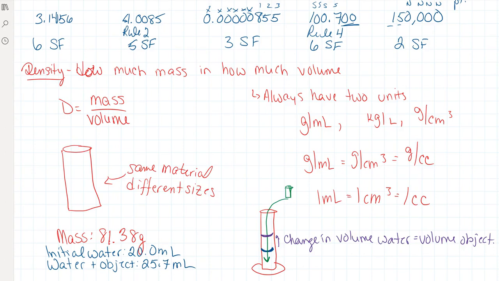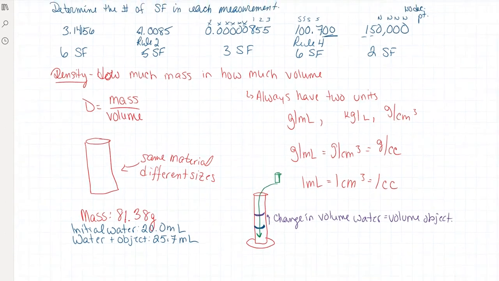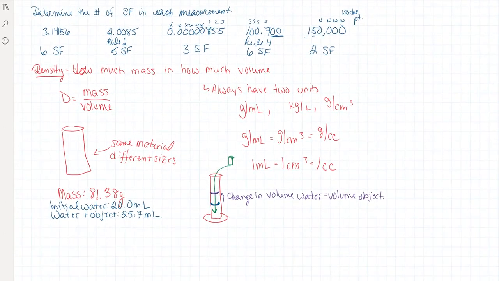So I'm going to line up my units, my 25.7 minus 20.0. I'm going to draw a little line after the last place that they have in common so that they both end in the tenths. That makes it pretty easy, and I end up with 5.7 milliliters as the volume of my cylinder.